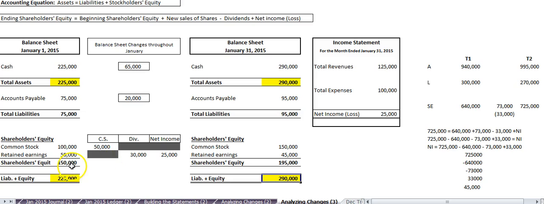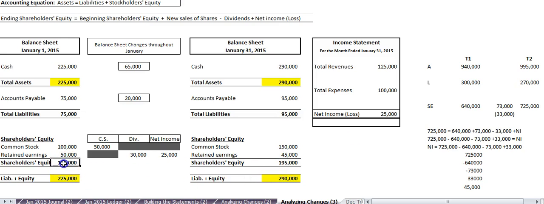Let's look across. Let's see if ending shareholders' equity satisfies this top equation, which says ending shareholders' equity equals beginning shareholders' equity, which is 150, plus new sales of shares 50, minus dividends 30, plus or minus net income or net loss. It's a plus if it's net income, and it's a minus if it's a net loss.